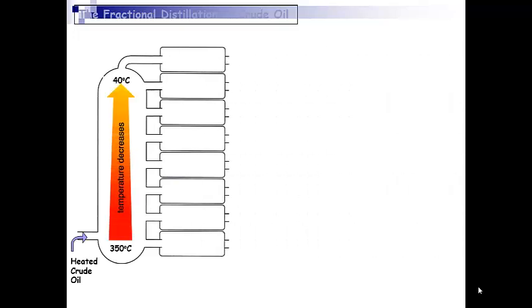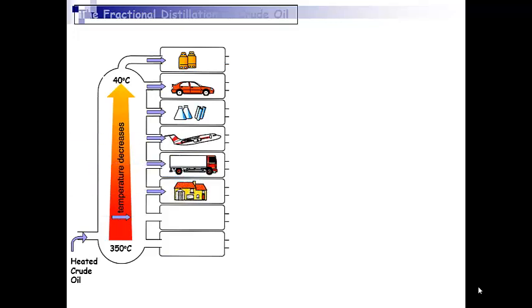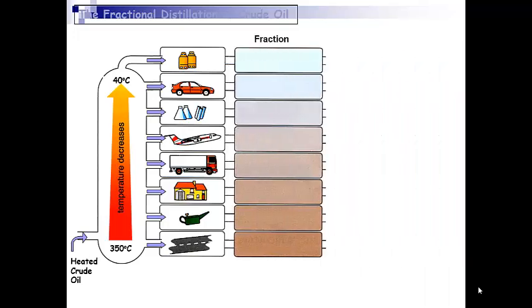The first thing you should note is that the bottom of the tower is the hottest. So any fractions that come out at the bottom have the highest boiling points.